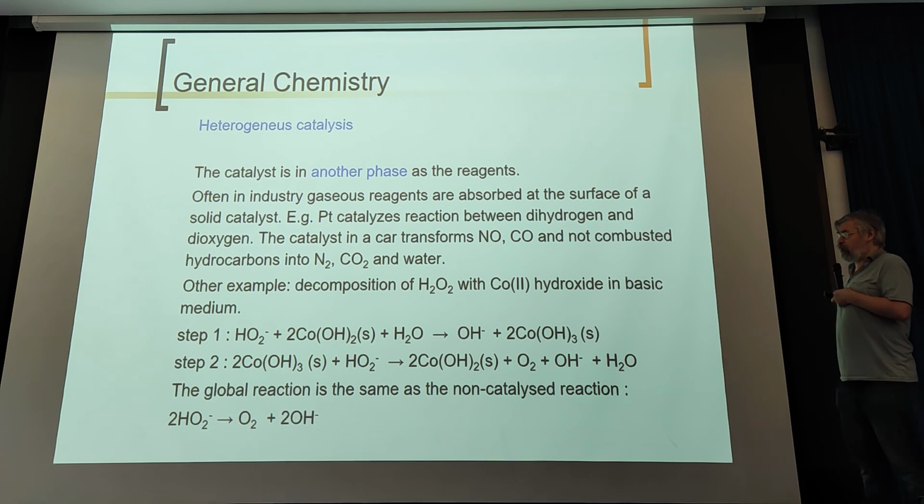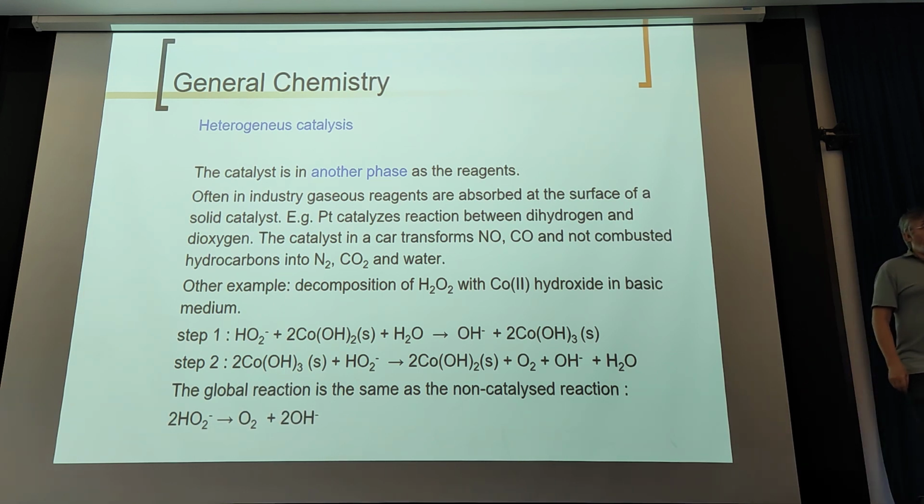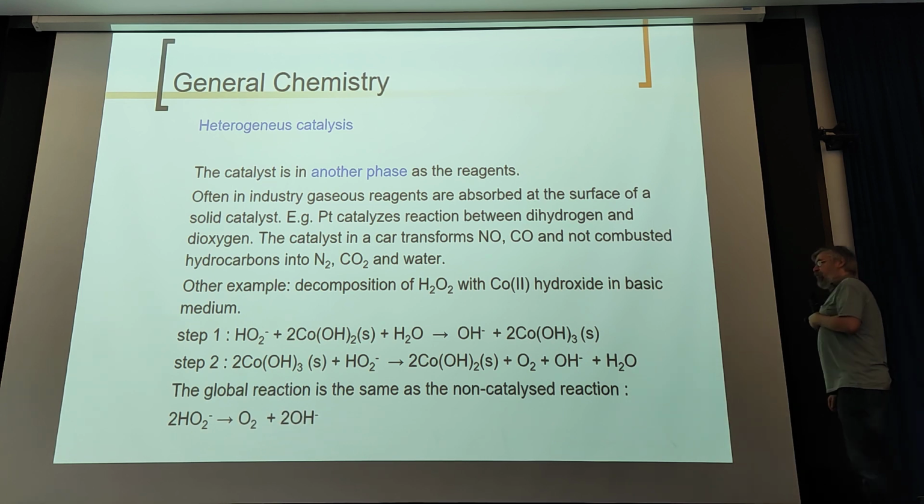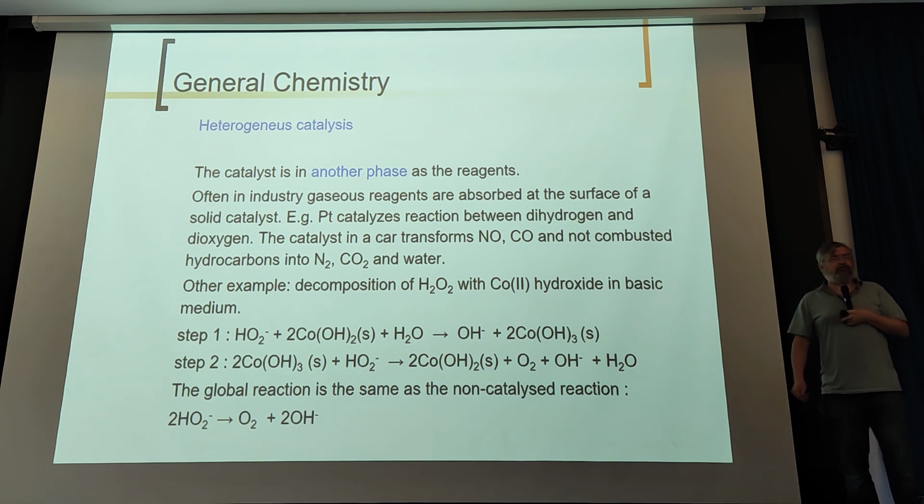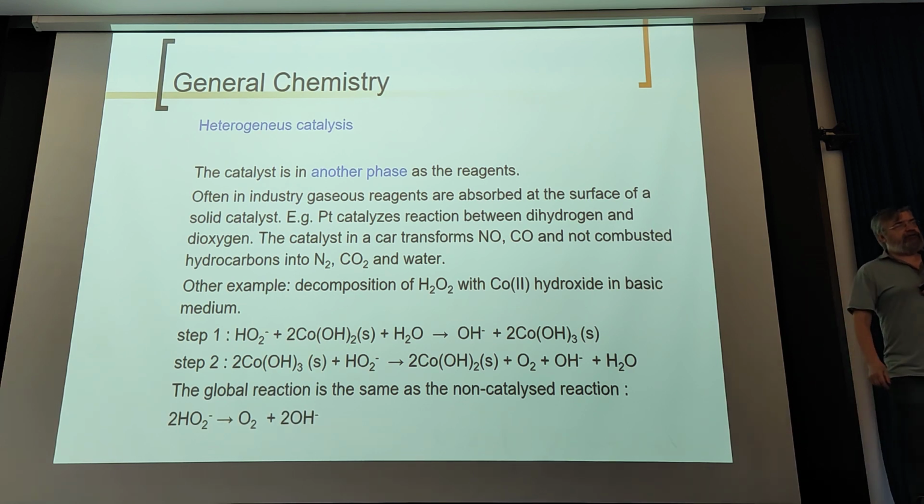And what does the cobalt do? This is in fact in two steps. The cobalt is being oxidized in basic medium, and we get from the cobalt 2 hydroxide to the cobalt 3 hydroxide. Both are solids, so that means it's heterogeneous.